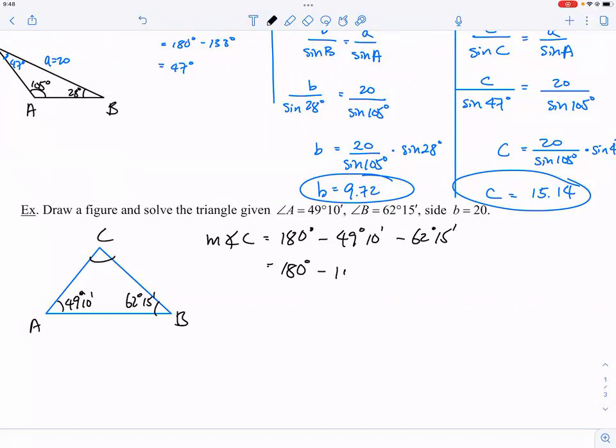111 degrees and 25 minutes. That gives you 68 degrees and 35 minutes.